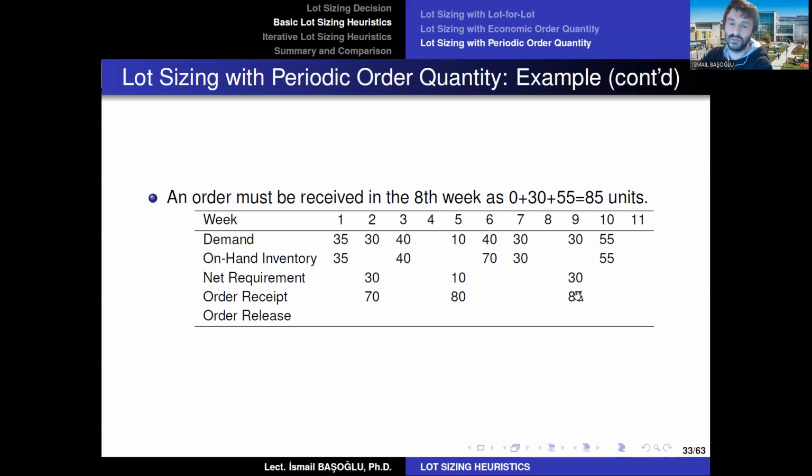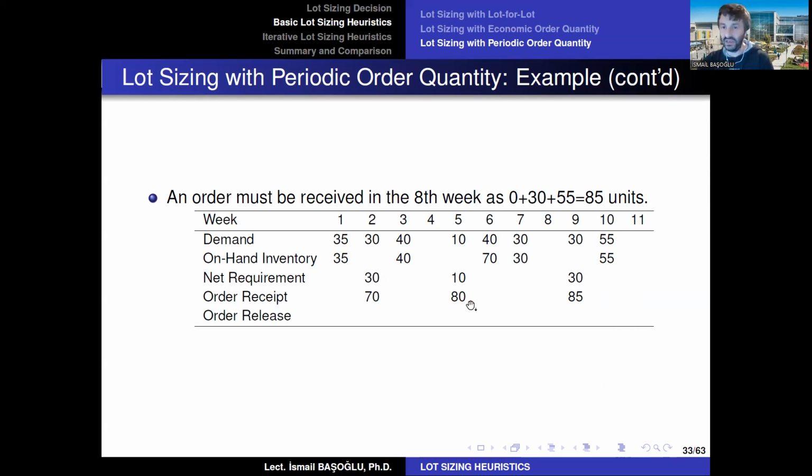We plan an order receipt of 85 units of inventory here, which will meet the net requirement of this 9th week. 55 remaining units will be carried to the next week, which will meet the exact demand of the 10th week. And we will not be carrying any inventory in this plan to the next planning horizon.